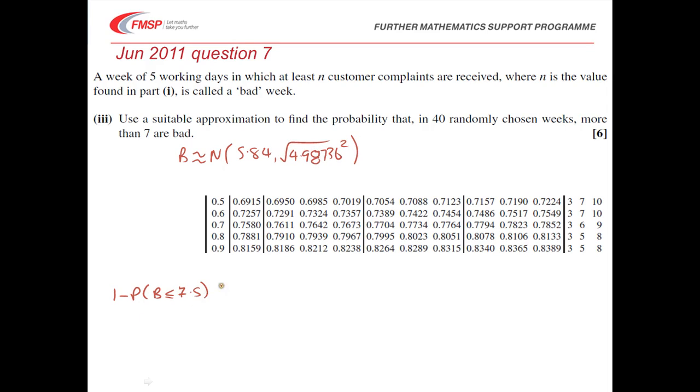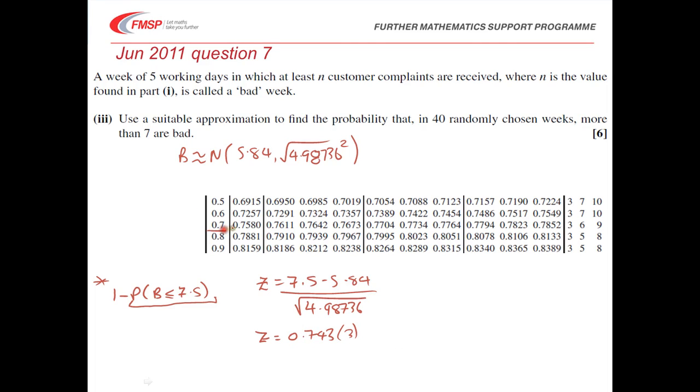So we need to standardize this. Okay, so I'm just going to look at this aspect, but I'm going to make sure I don't forget the 1 minus. Okay, so Z is equal to X minus mu over sigma, over the square root of 4.98736, and that's going to give me a Z value of 0.7433.